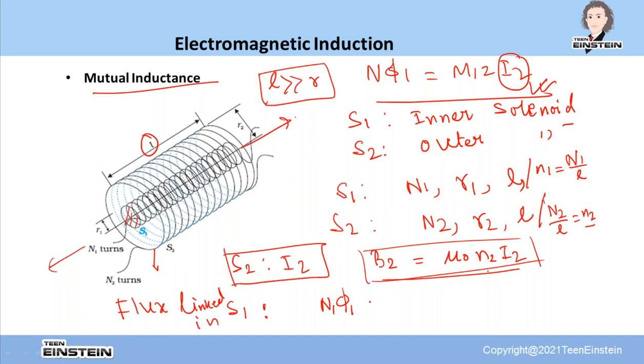First of all, let us see what it is. Phi means magnetic field times area, so this is B2, because the S1 coil is immersed inside the magnetic field B2, into the area of each loop of the small solenoid, pi r1 square.